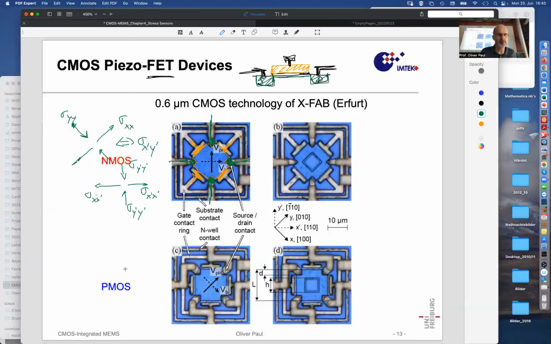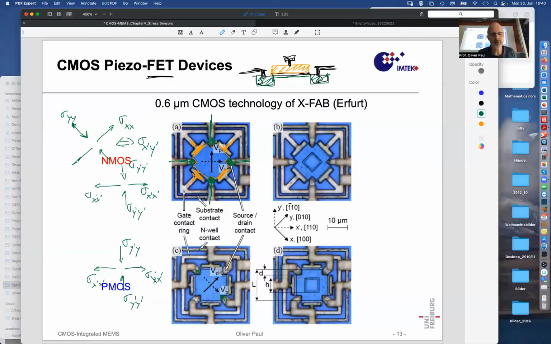Now we can expose it to this sigma XX prime stress that pulls and pushes like this, and it will yield a response because you can imagine that this structure now becomes longer along its edges, and so the resistance along this direction is larger than along that direction, and therefore this potential will no longer be right in the middle between the potential of those two contacts, the source and drain contacts.